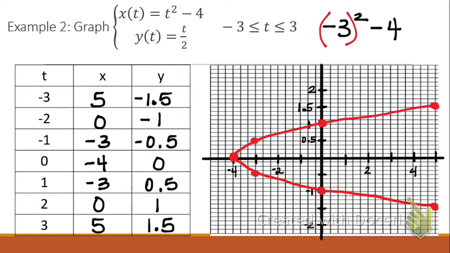And then add your arrows to show the direction of motion.